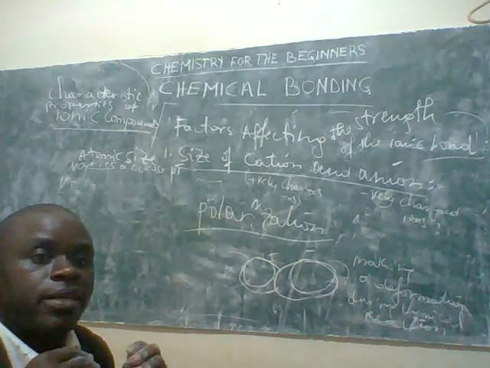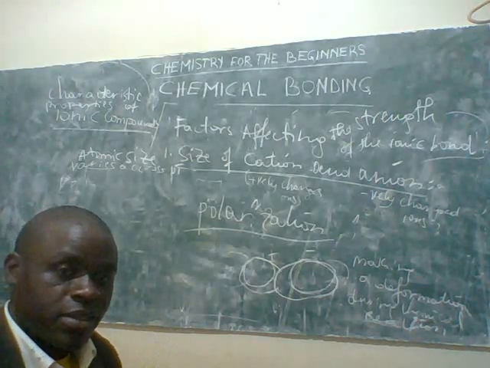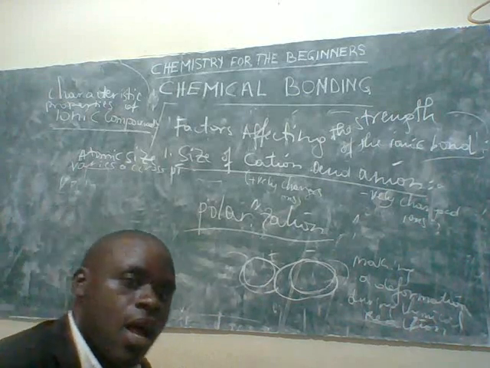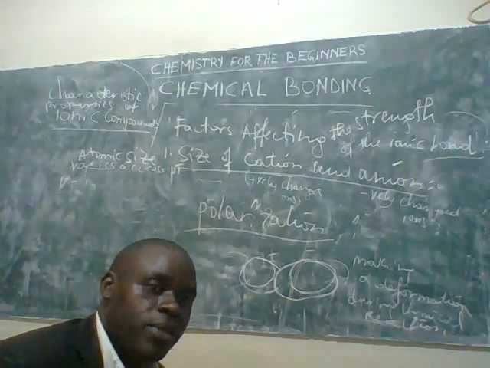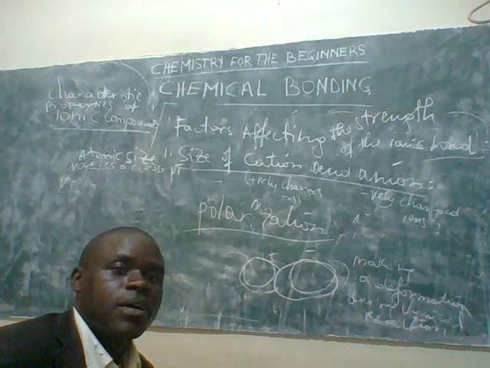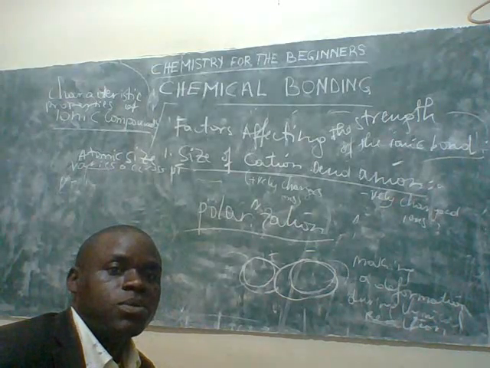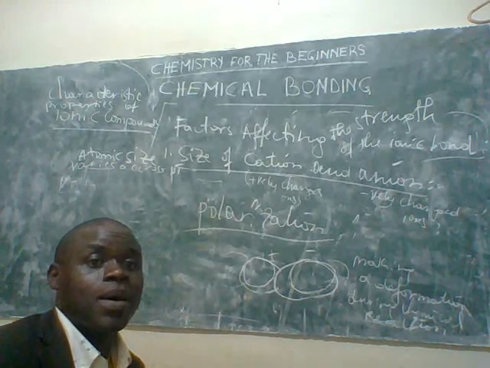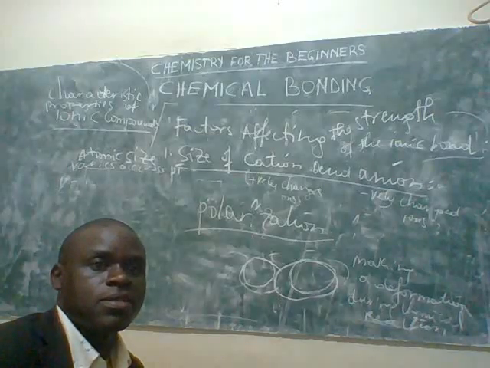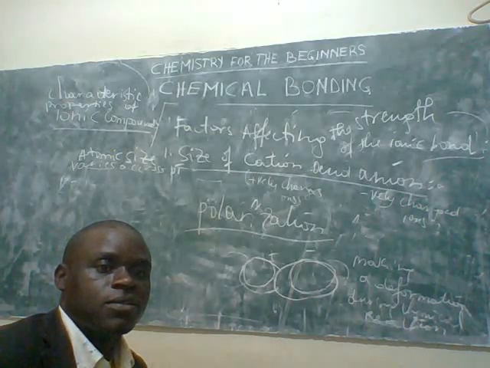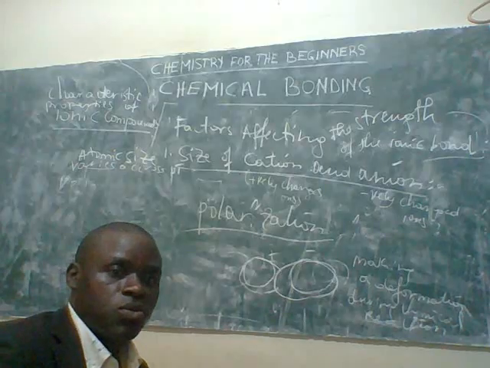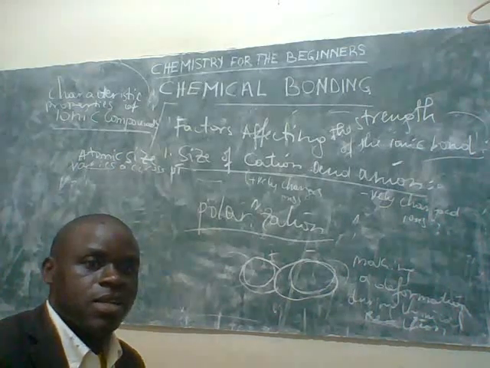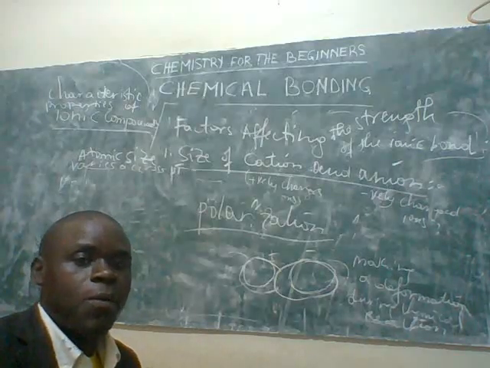And also we will see hydrogen bonding, metallic bonding, and van der Waals bonding. And then after, we will continue with nomenclature. But let us first come back and cover this lesson of chemical bonding, and when we close it, we go to how we name the compounds.